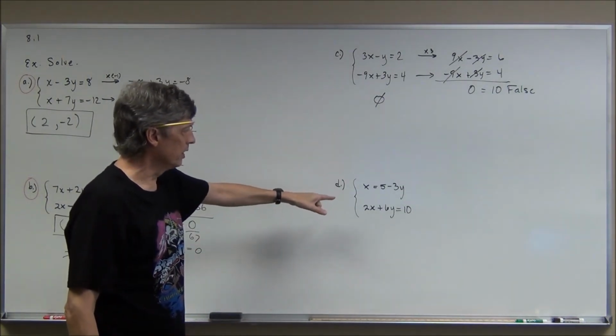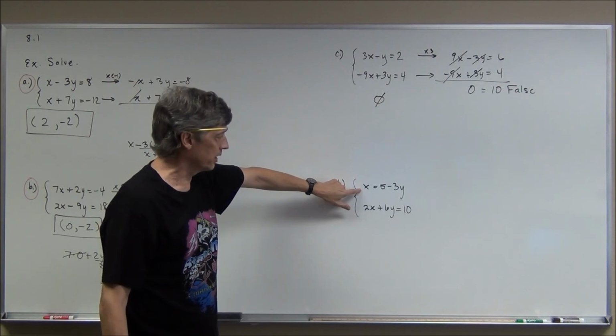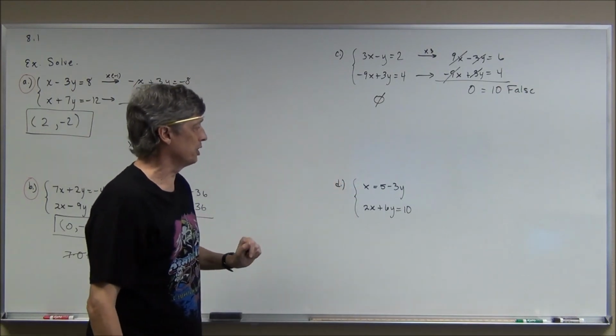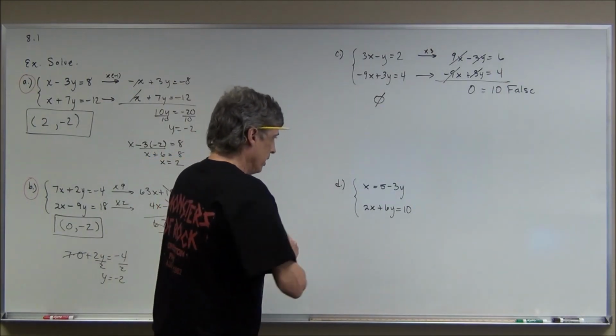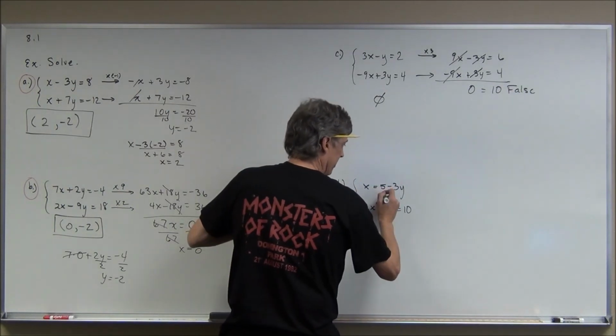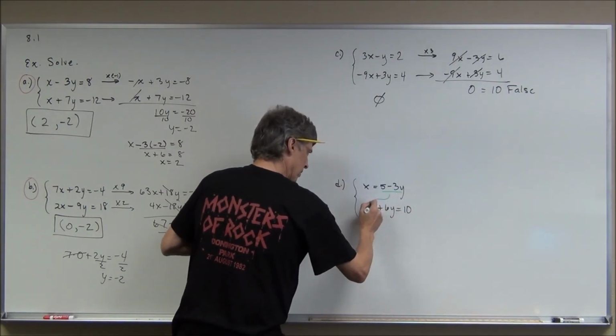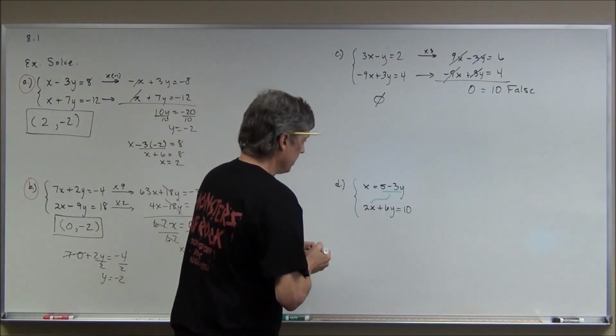Now down here, this equation already has the variable x isolated, so I'm going to use substitution. I haven't done that one for a while. So I'm going to substitute 5 minus 3y, this part right here, right into the x. And that will eliminate the x variable.